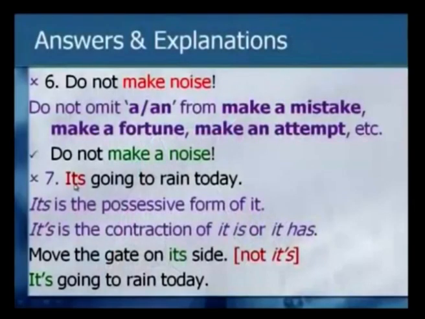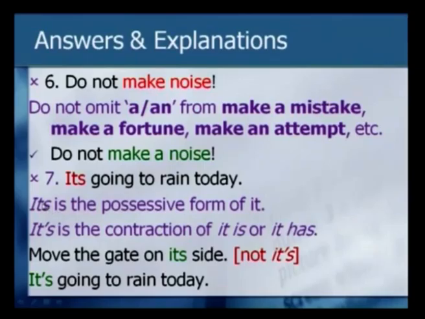So, here what you wanted to say was it is going to rain today. You wanted to use the contracted form, shortened form or abbreviated form, it apostrophe s, indicating the short form of it is, but you have used by mistake the possessive form of it.